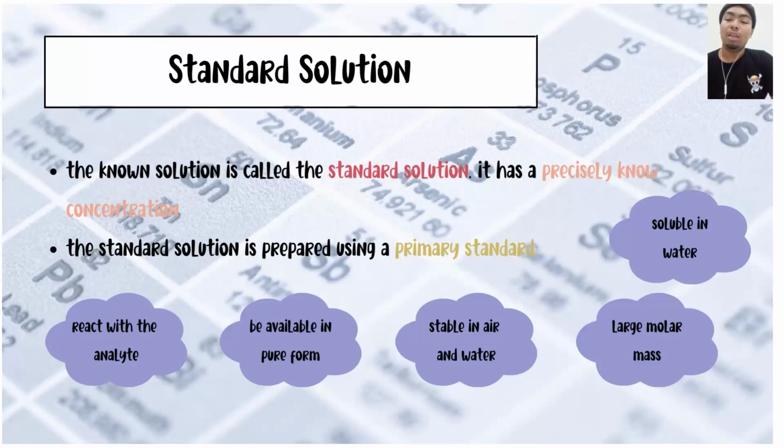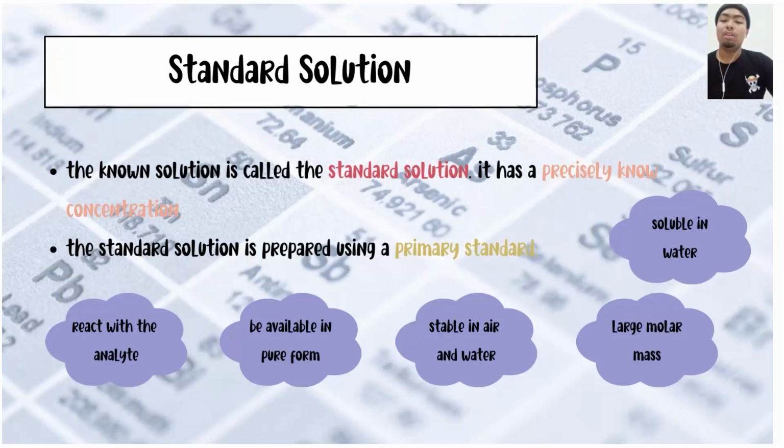One of the things that we quite often avoid is using certain compounds as a primary standard because they are hygroscopic. Next, it should have a large molar mass, because you want to weigh out a high mass, not a low mass, as it will be more accurate on the scale.